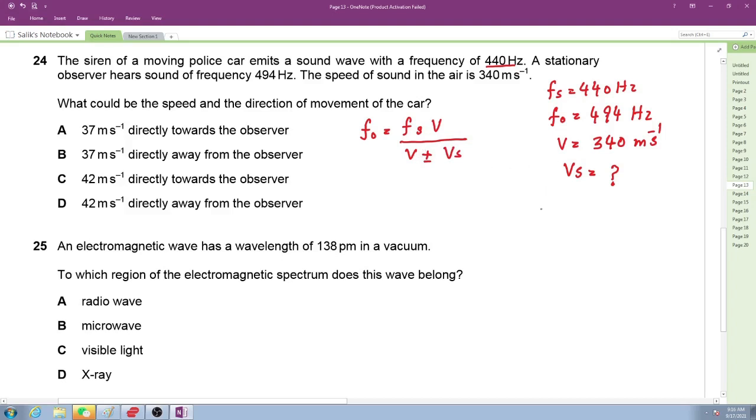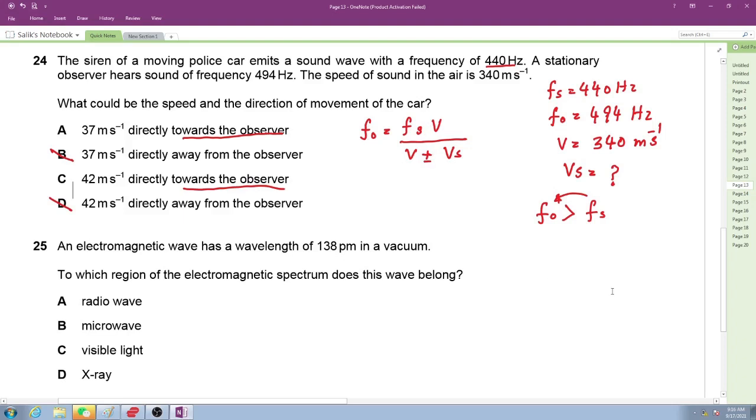The observer frequency is greater than the source frequency, so it is clear that the source is moving towards the observer. So B and D are not possible, leaving A and C. Whenever we are moving towards, we use the negative sign. When the denominator is smaller, the factor becomes bigger.